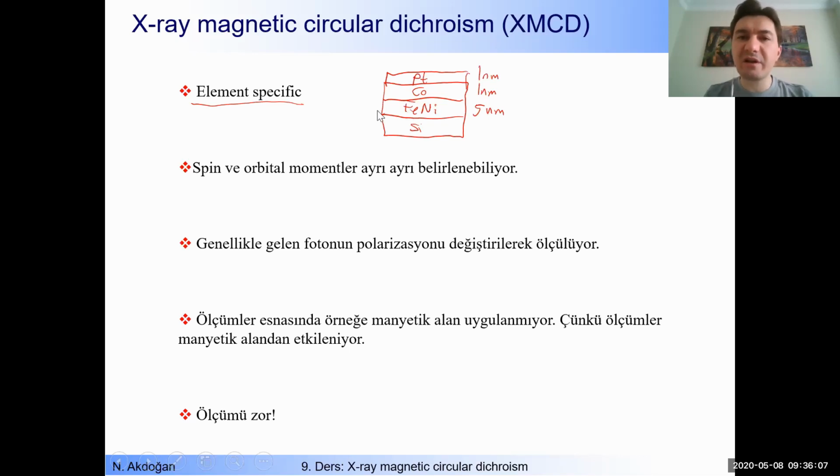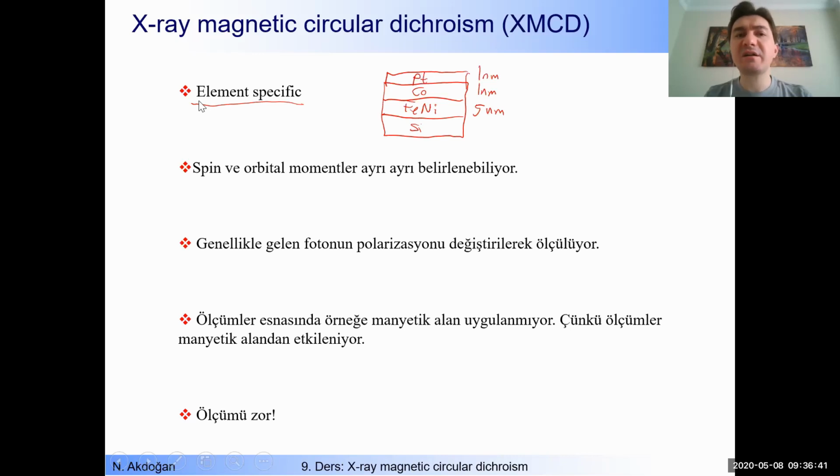So for this layer, you can get information by using both iron L2, L3 energies and nickel L2, L3 energies. In addition to that, if this platinum becomes ferromagnetic due to the neighboring cobalt, you can also see that effect within the platinum.